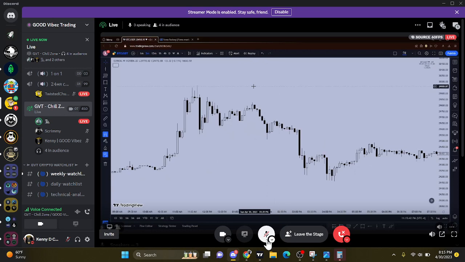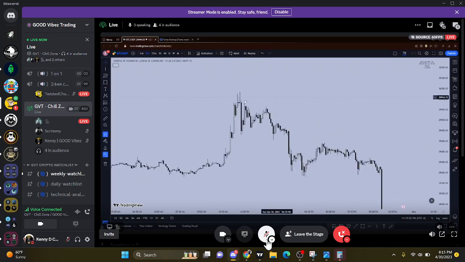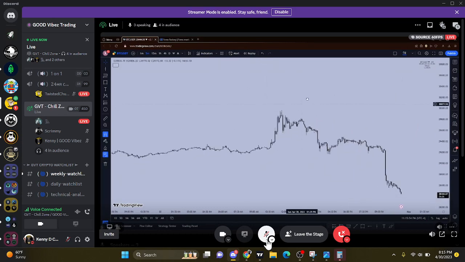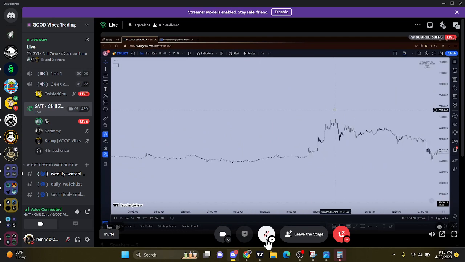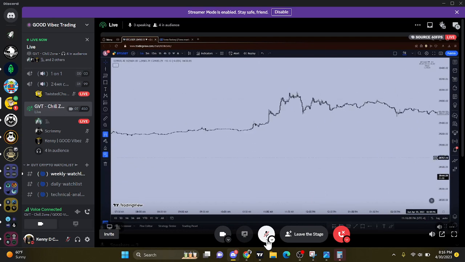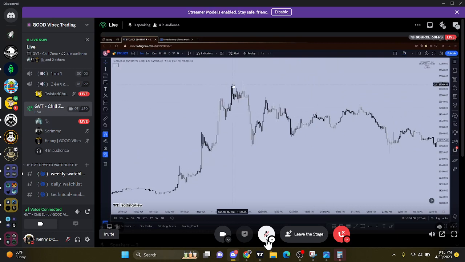This is a turtle soup sell model, and what it is is a breaker block on the lower time frame, which is just a reversal pattern. Take liquidity, take the low.